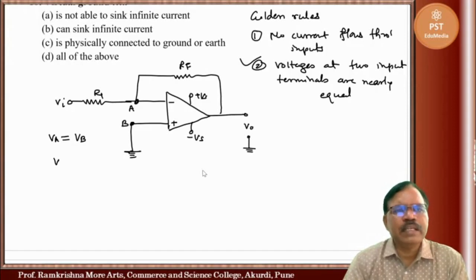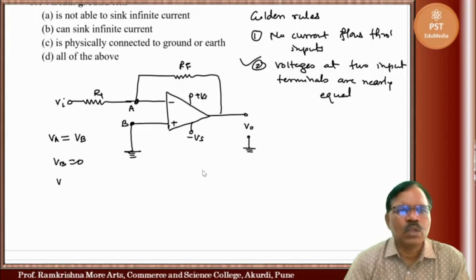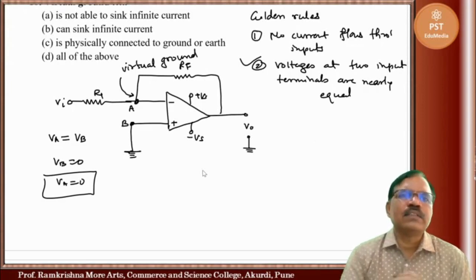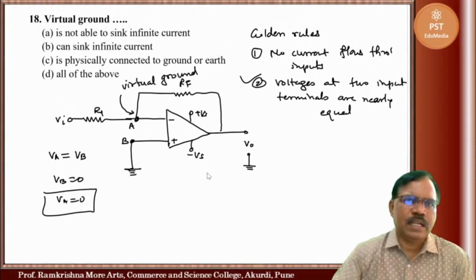Now what is VB? VB is equal to 0 because it is connected to ground, so VA is equal to 0. So this point A is called virtual ground, because it is at zero potential.